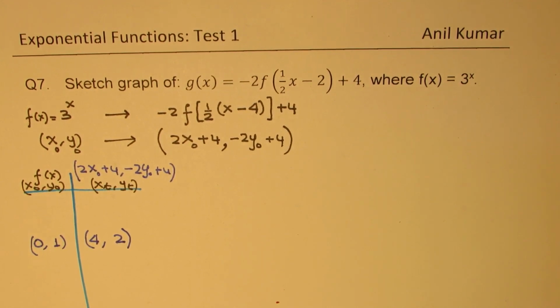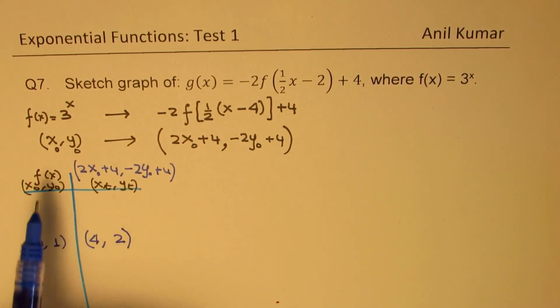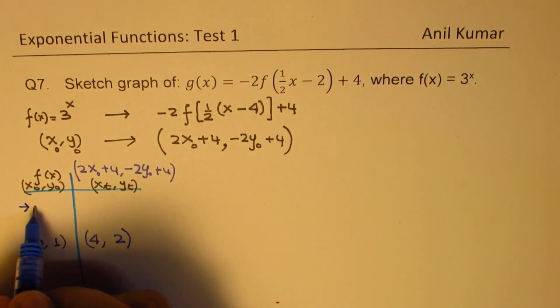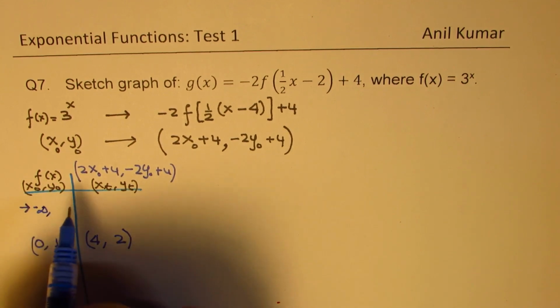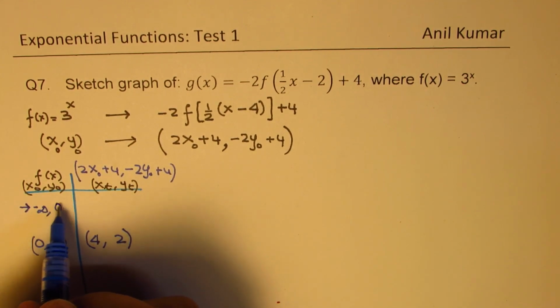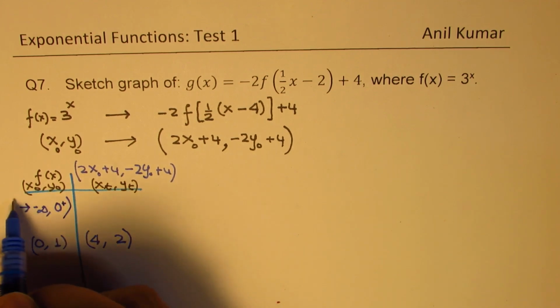Now the next important point to consider is the asymptote itself, which is when x approaches negative infinity. So we can say when x approaches negative infinity, in that case y approaches 0 from above, correct?